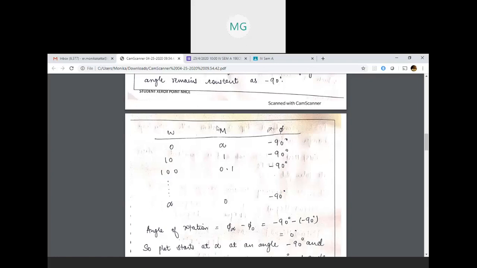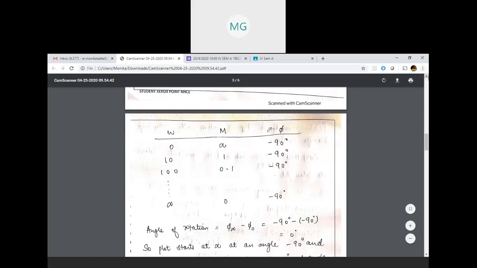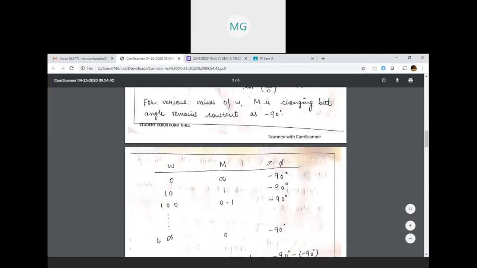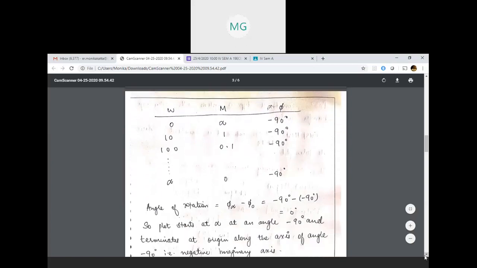So your magnitude becomes infinity and the angle remains at minus 90 degree. You can substitute and check. When omega is increased further and you go to infinity, your magnitude becomes 0 and your phase angle becomes minus 90 degree. Now you have understood from the table that your plot starts at omega equals 0 and terminates at omega equals infinity.